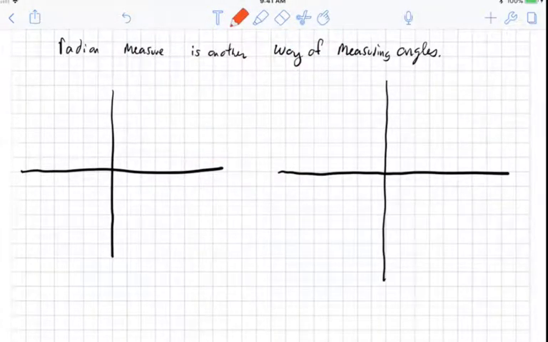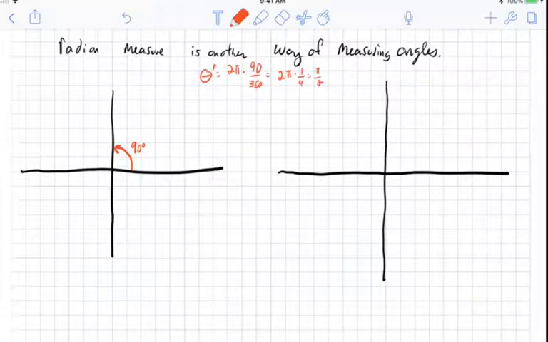First, let's consider an angle of 90 degrees. Okay? Theta in radians is 2 pi times 90 over 360. So it's 2 pi times a quarter, so it's pi over 2. In radian measure, a right angle is given by pi over 2.